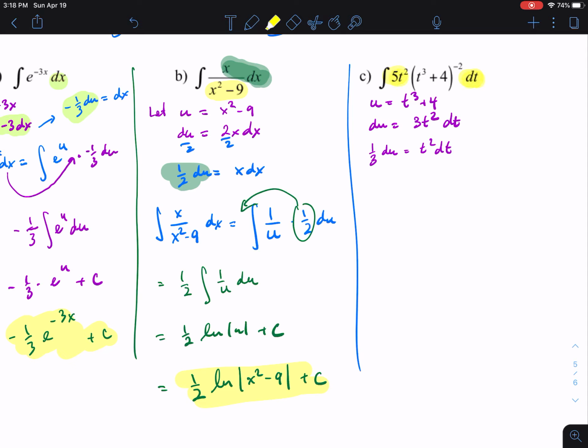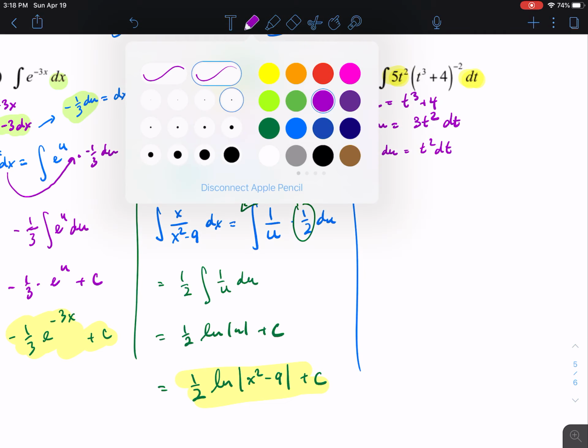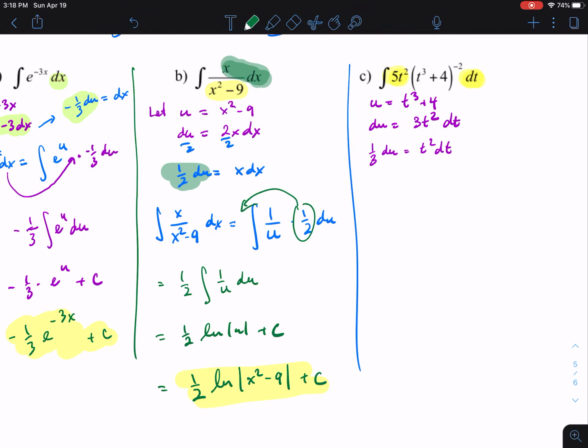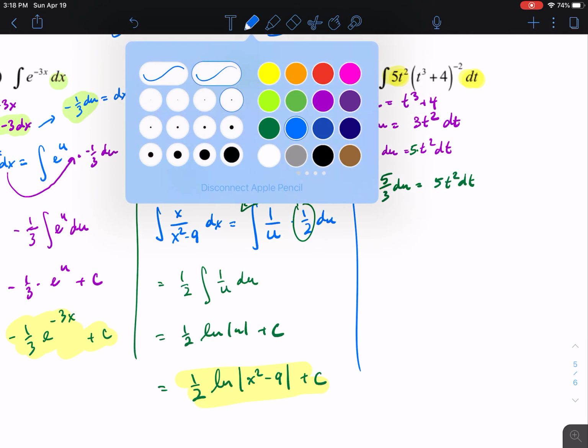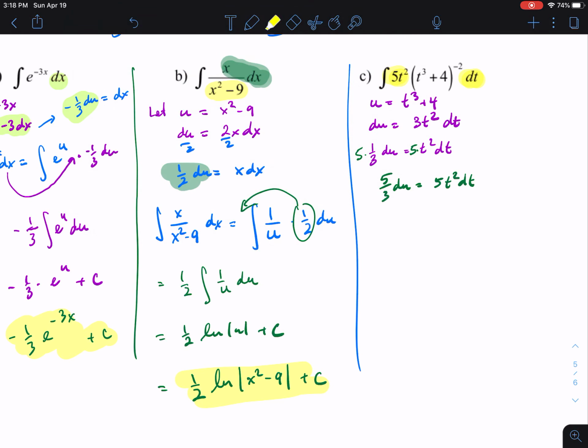We don't have 5t squared dt, but what we can do is insert a 5 on both sides like that. So we can take that and multiply both sides by 5, a constant. So that will give us 5/3 du is now equivalent to 5t squared dt. Okay, and that should do it.